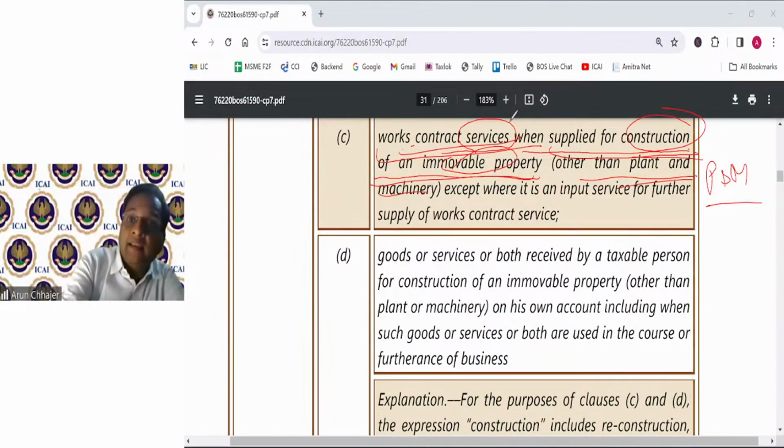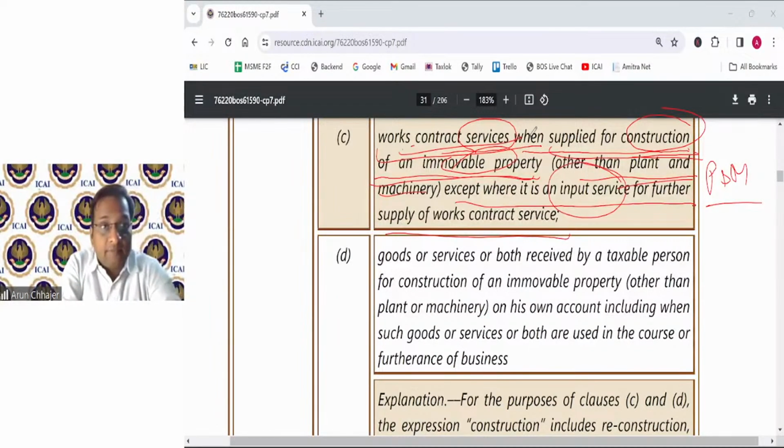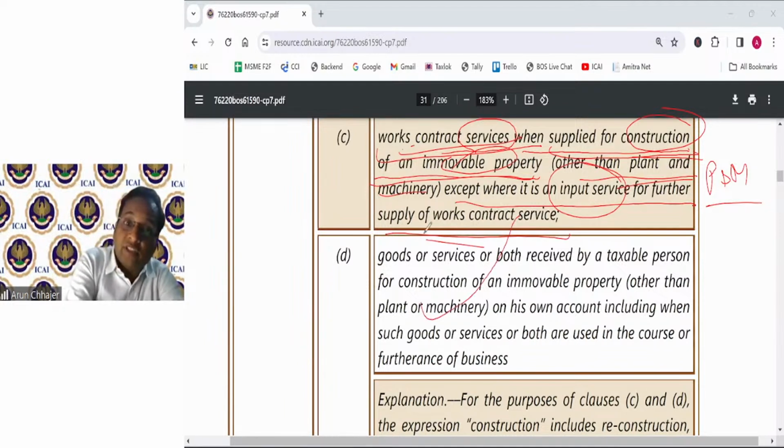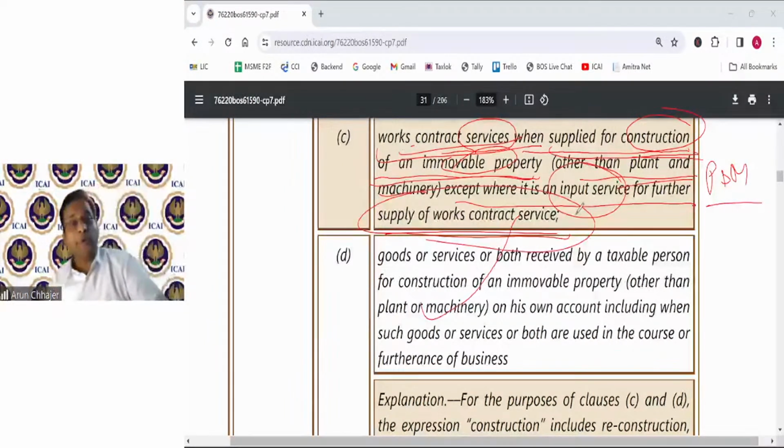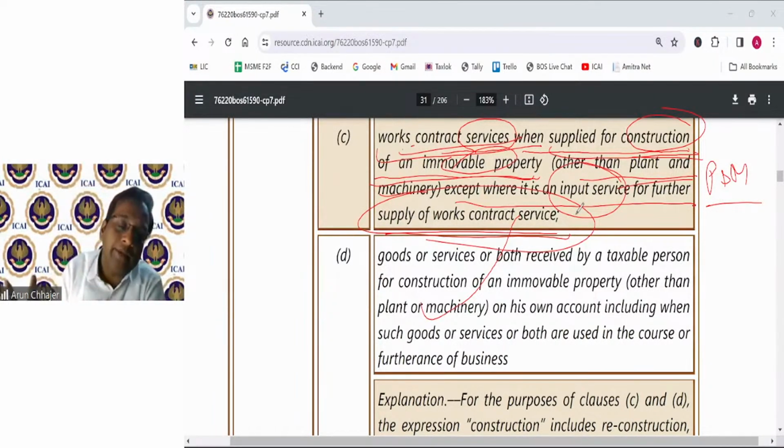I can say it is covered in this exception, because the input service is work contract service which is required for making the outward supply of work contract service. So if it is an input required for output, I would definitely be able to take ITC, no problem.